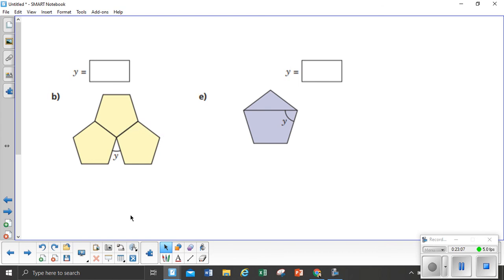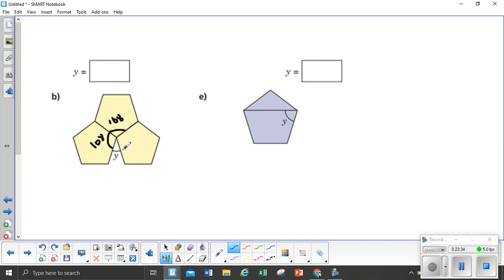Right, so I need to look at my shapes first. I've got 1, 2, 3, 4, 5, 1, 2, 3, 4, 5, 1, 2, 3, 4, 5. So I've got 5 pentagons. I've just said on the other slide, this angle here on a pentagon is 108. That angle there is 108.